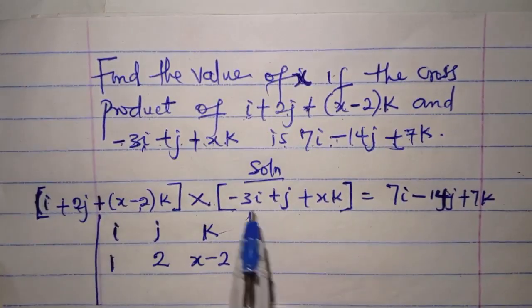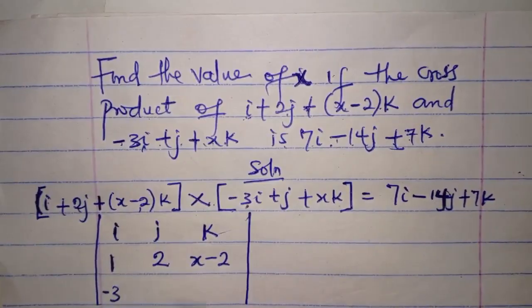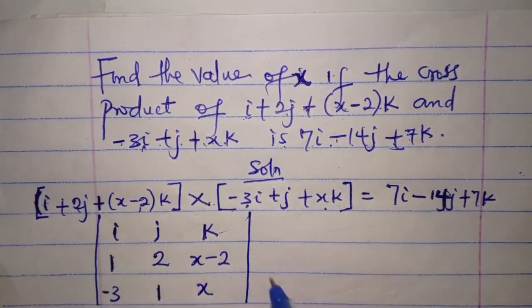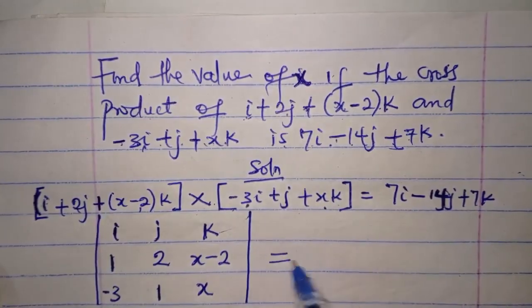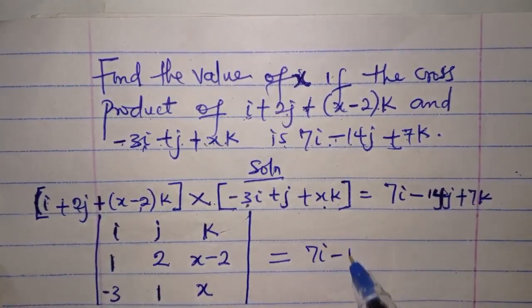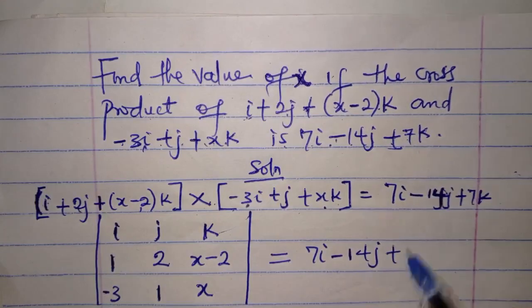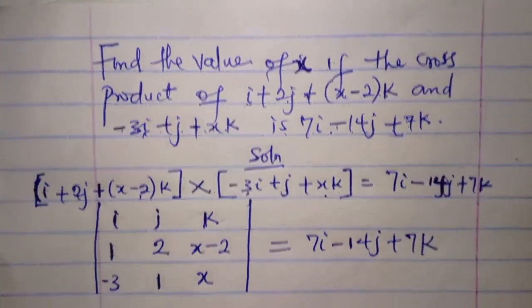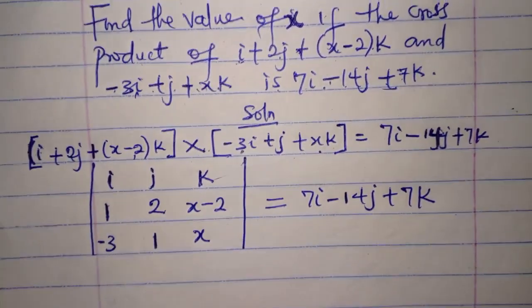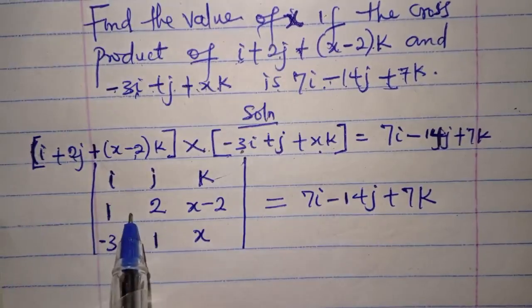The coefficient of i here is minus 3, of j is 1, and of k is x. And this cross product is equal to 7i minus 14j plus 7k. Okay, let's evaluate. This is the determinant of a 3 by 3 matrix.